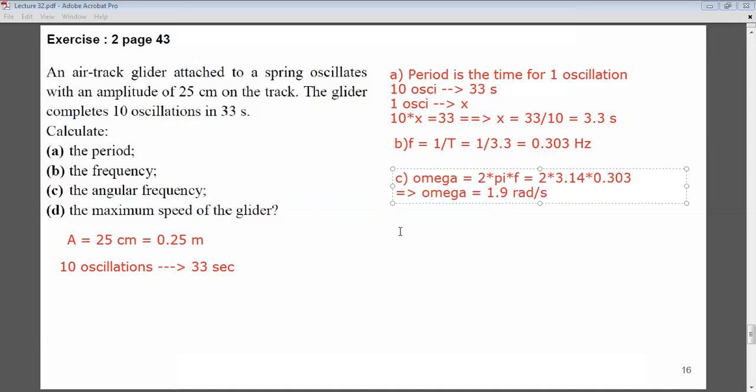So remember the units. Part D, what is the maximum speed? So we memorize this. The maximum is omega times A, which is 1.9 times the amplitude, 0.25, and this is equal to 0.475 meters per second.